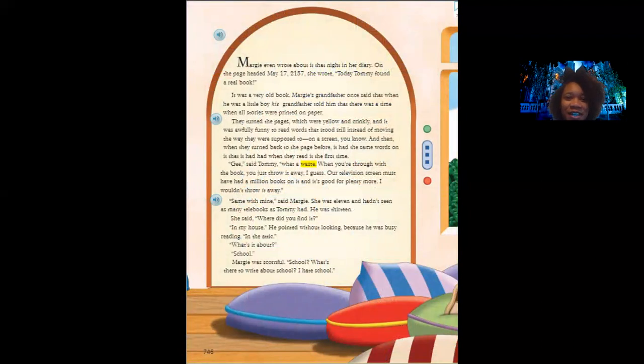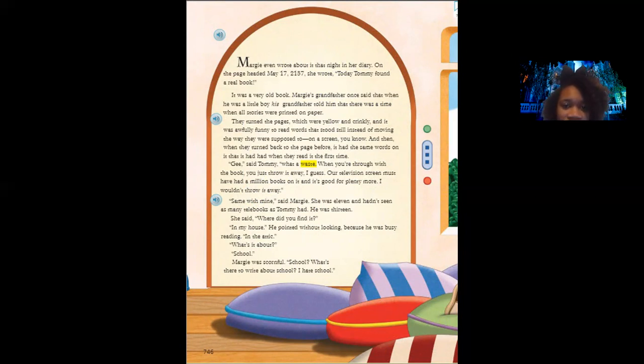Margie even wrote about it that night in her diary. On the page headed May 17th, 2157, she wrote, "Today, Tommy found a real book." It was a very old book. Margie's grandfather once said that when he was a little boy, his grandfather told him that there was a time when all stories were printed on paper.